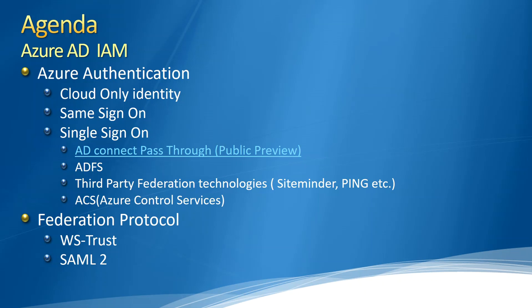One thing to keep in mind is that it is still in public preview, which means it is available for consumption, but you can expect some feature changes once it goes GA. It is still not generally available, but anybody and everybody can do a POC or a pilot testing. So today we will cover Azure AD Connect pass-through.